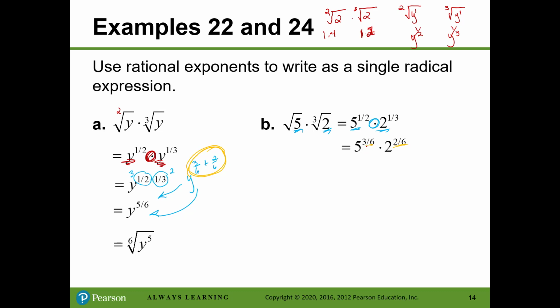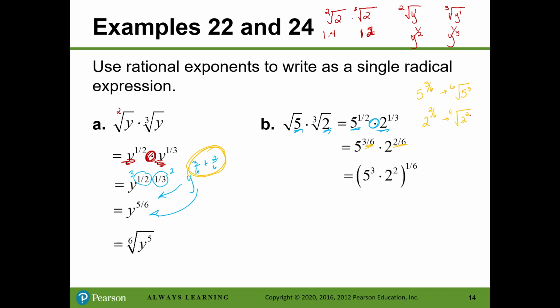Now, here's what I'd like you to notice. They both have a denominator of 6, which means they both are the root of 6. 5 to the 3 over 6 is basically the 6th root of 5 to the power of 3, isn't it? And 2 to the 2/6 is the 6th root of 2 squared, isn't it?